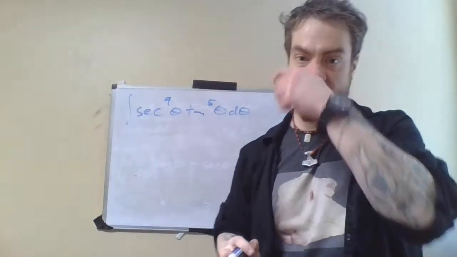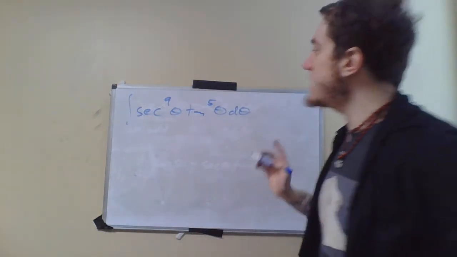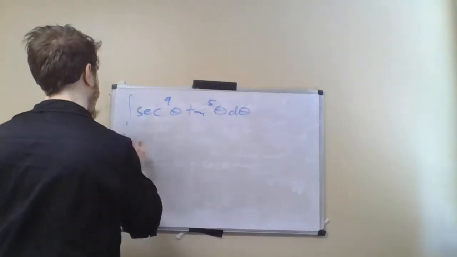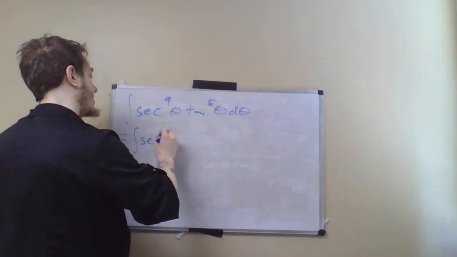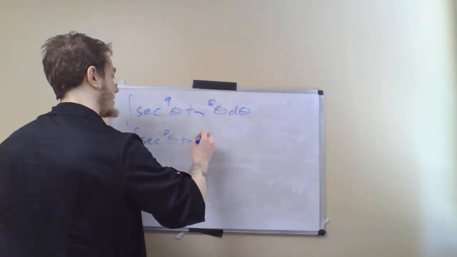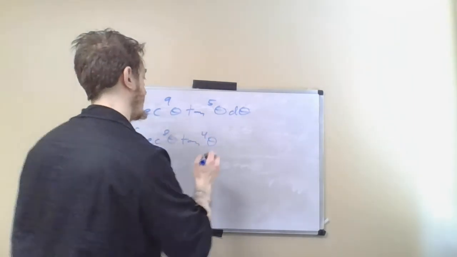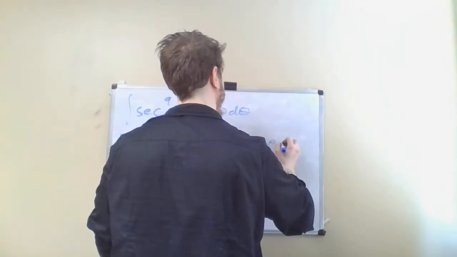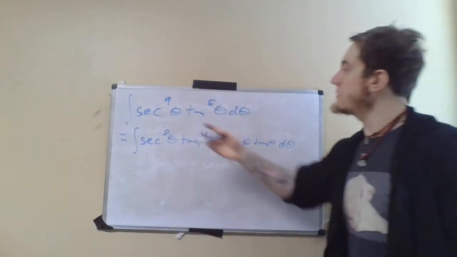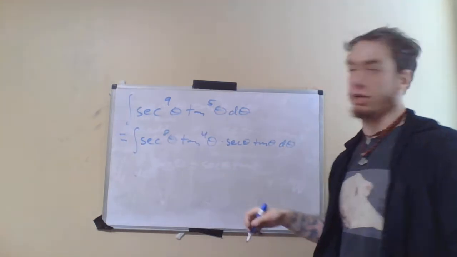So here's what I'm going to do. I'm going to rewrite this expression inside the integral as the integral of secant to the 8th theta tangent to the 4th theta times secant theta tangent theta d theta. In other words, I'm going to peel off a secant and a tangent.